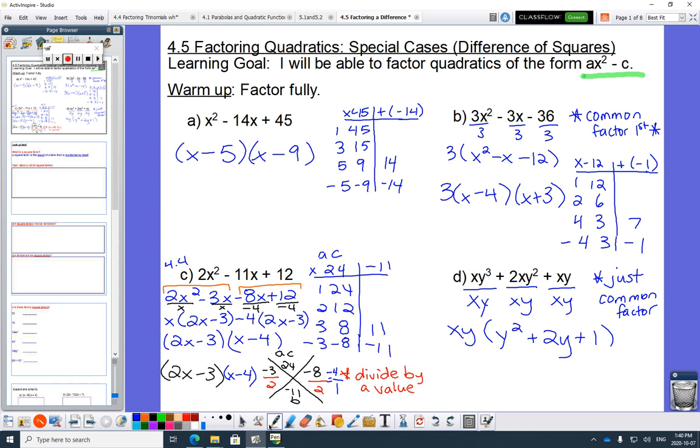The x squared term is going to be a squared number, so like 4x squared, 16x squared, and the c value will be able to be square rooted. 49, 25, 144, 121, okay? So we call these a difference of squares because you're subtracting 2 squared numbers. For grade 10, the squared numbers will be whole, okay?